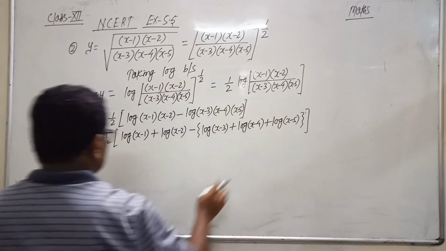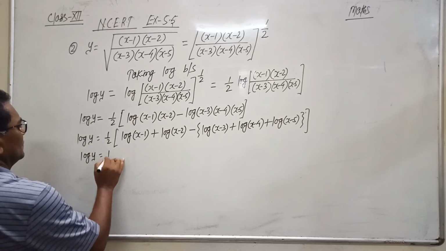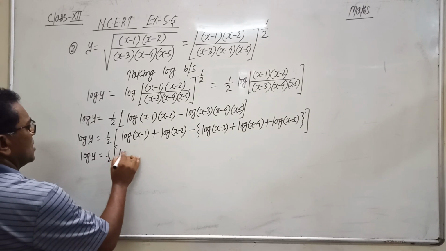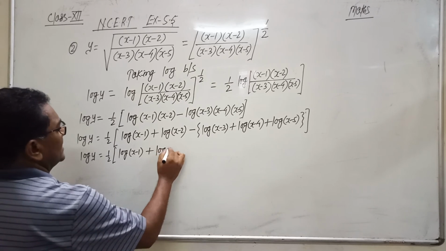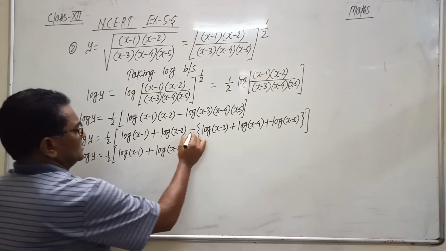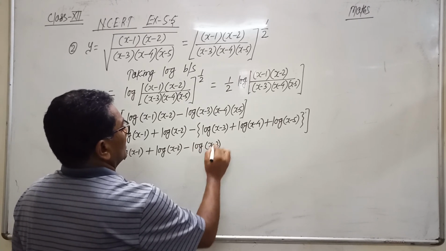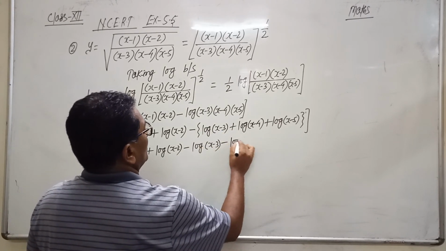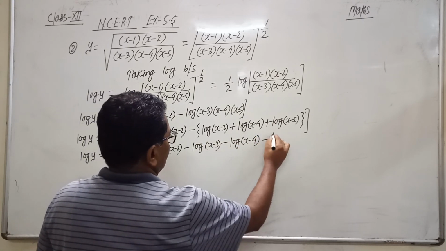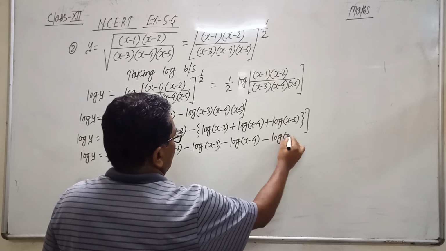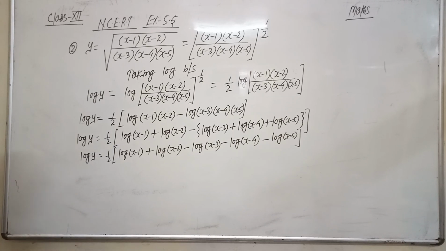Now we remove this bracket. So log y equals 1 by 2 [log (x minus 1) plus log (x minus 2) minus log (x minus 3) minus log (x minus 4) minus log (x minus 5)]. Now we differentiate both sides.